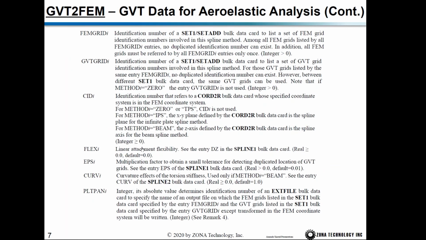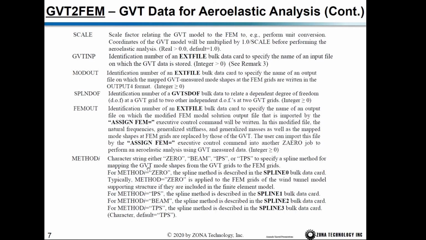So if you have a finite element model of the wind tunnel model supporting structure, those supporting structures should not be included in the generalized mass. So you have to put a 0 at those FEM grids to model the wind tunnel model supporting structure.